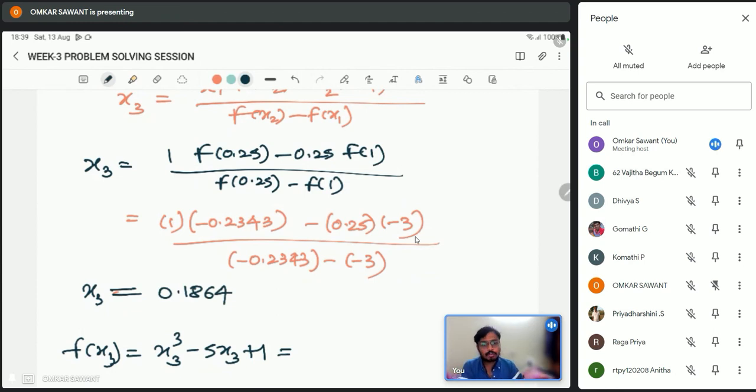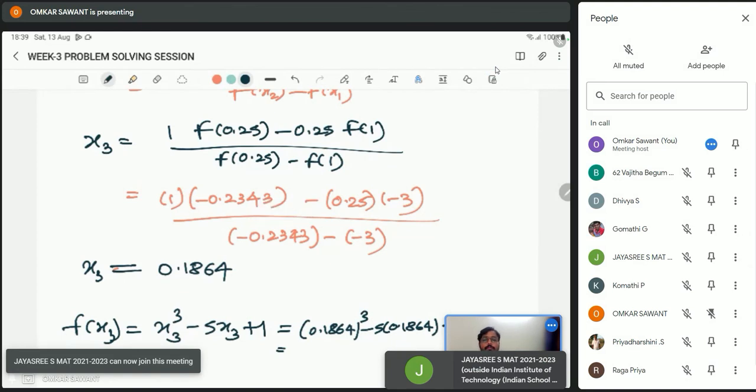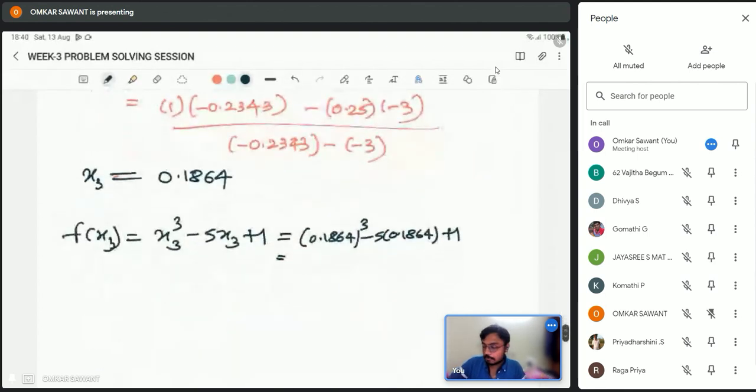So calculate the function value. 0.073987, sir. 0.07447. Okay.